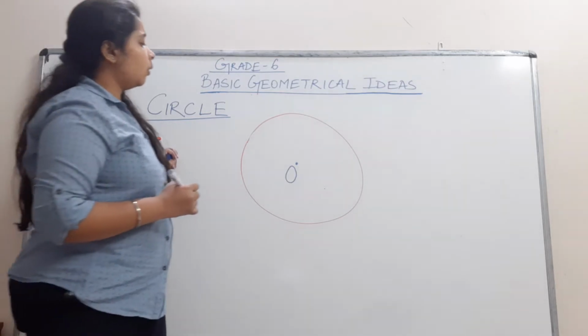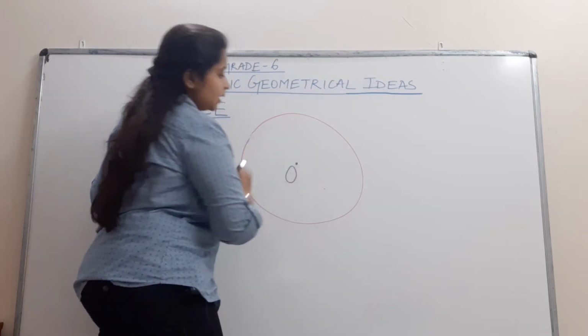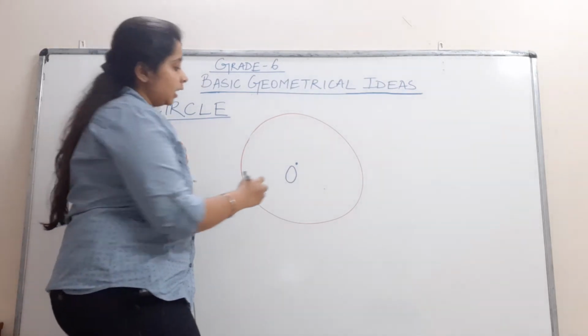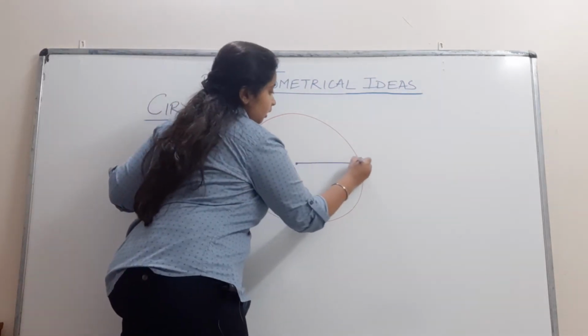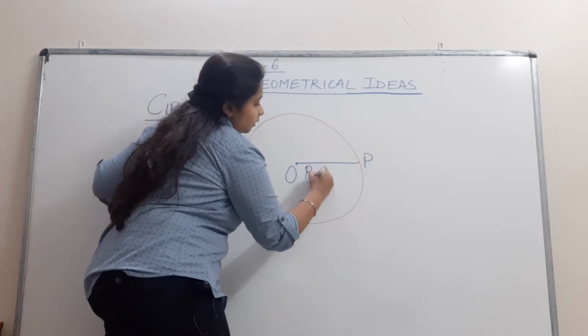Now any line segment which is drawn from the center to any point on the circle is known as the radius.